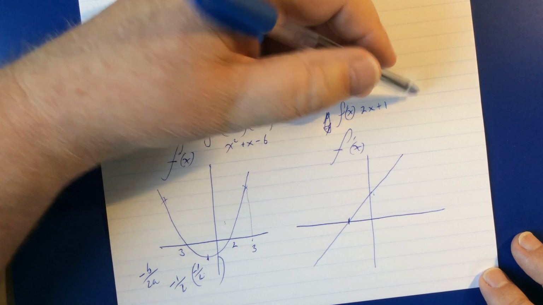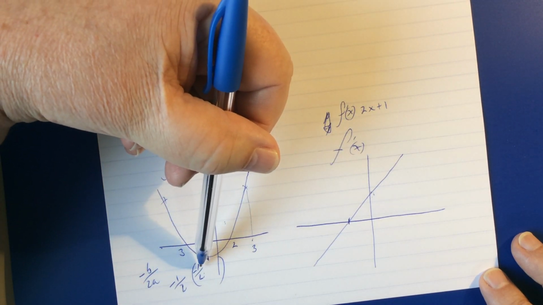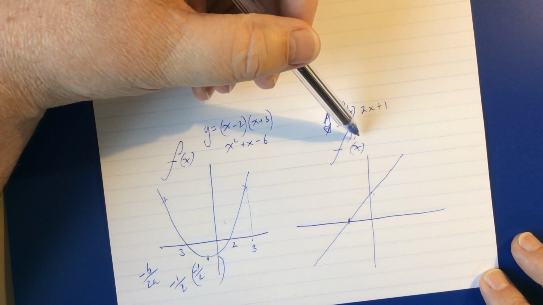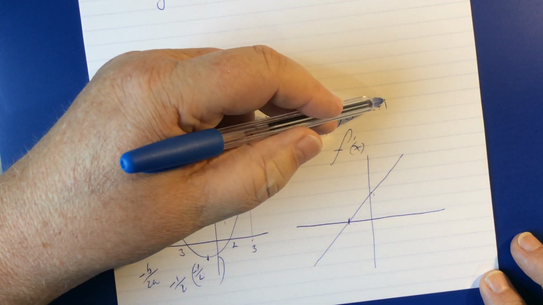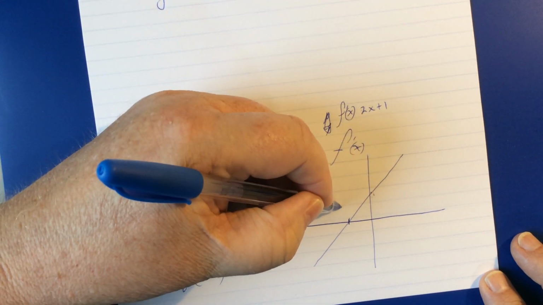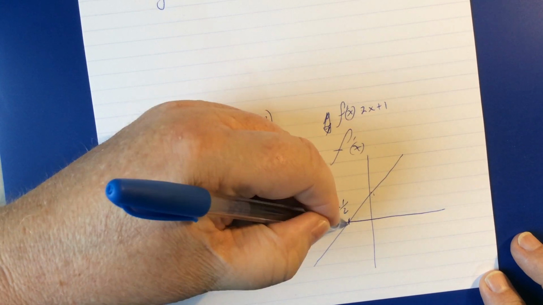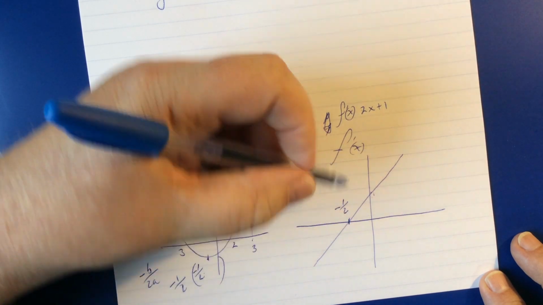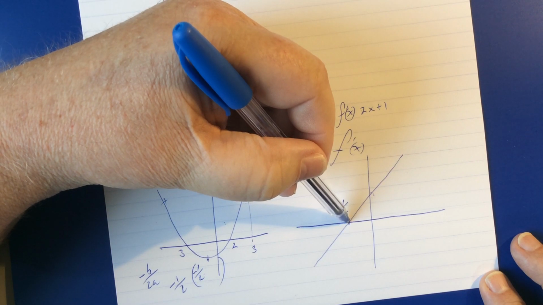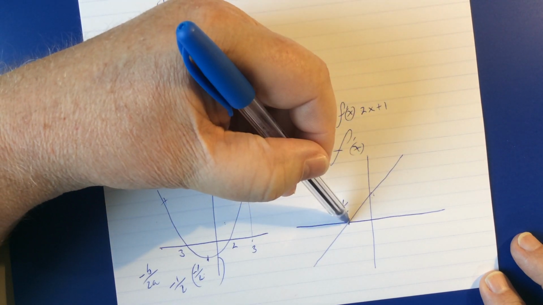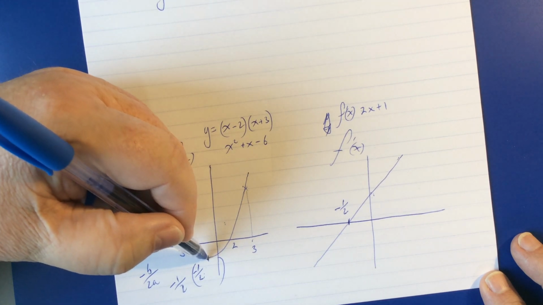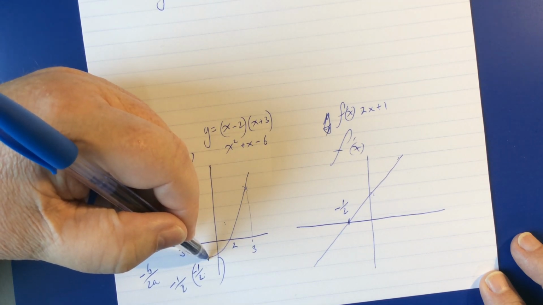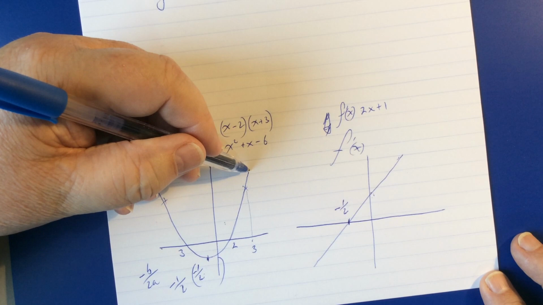If we solve this for 0, we discover that this point is negative a half. And all the values of this differential graph beyond here are positive. Note here that the gradient at this point is 0, but beyond it, it is positive.